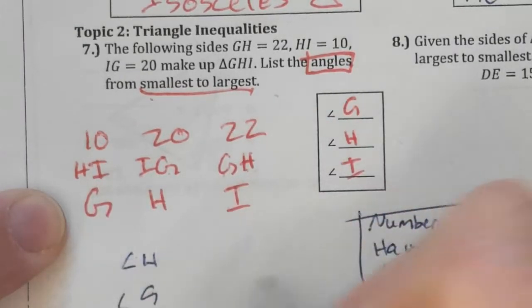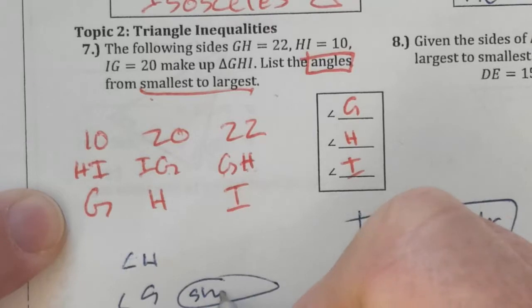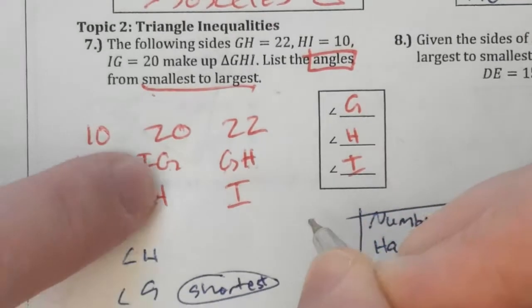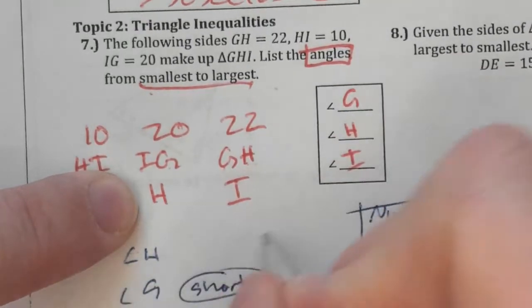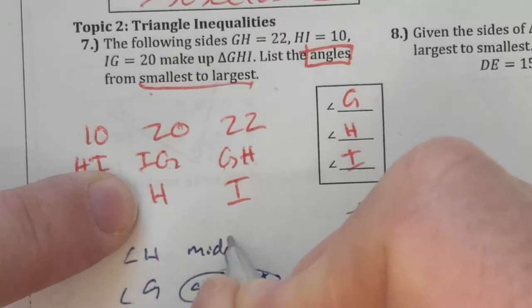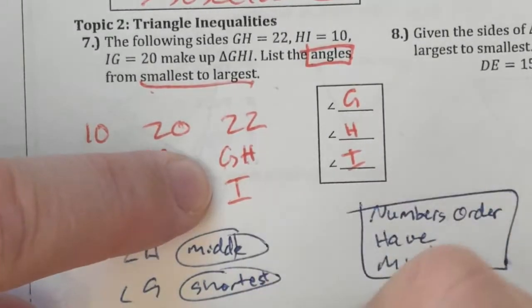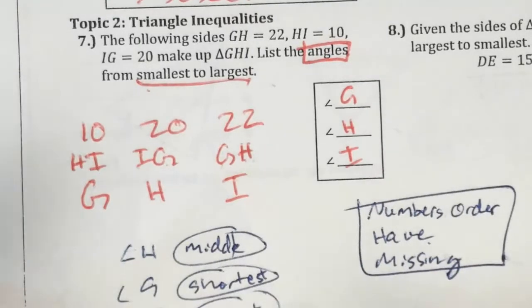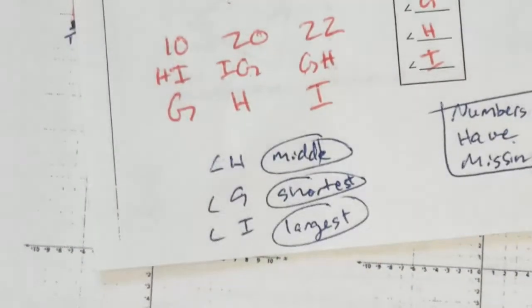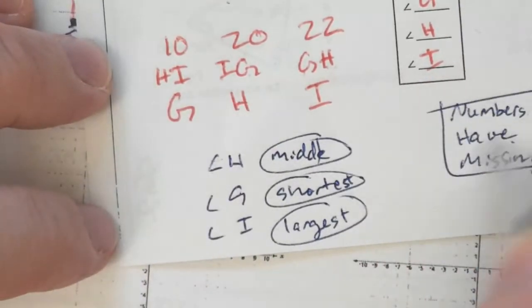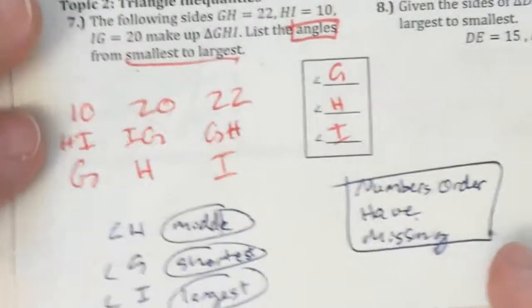G. So you're going to have to drag over the word that says the shortest. Okay, and then H is the middle, so you're going to have to drag over the word middle. And then I is the longest, so you're going to have to drag over the word longest or largest, whatever they're talking about. So they're going to put these letters in whatever order they want, and you're just going to have to drag over the correct word. Okay, just pointing that out.